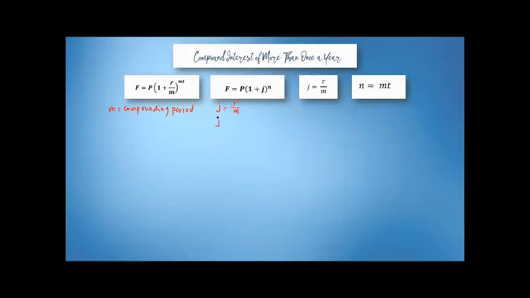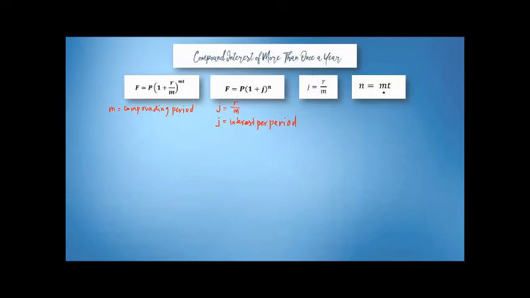Ang tawag naman natin sa J is interest per period.